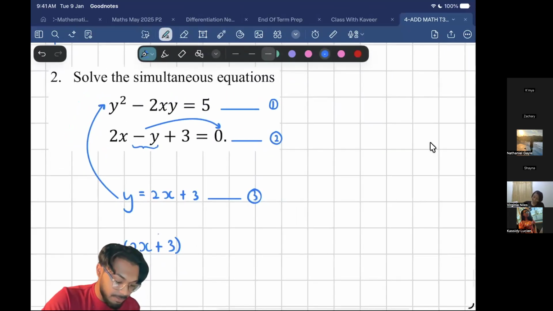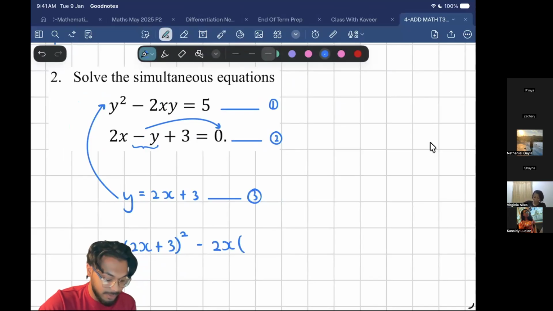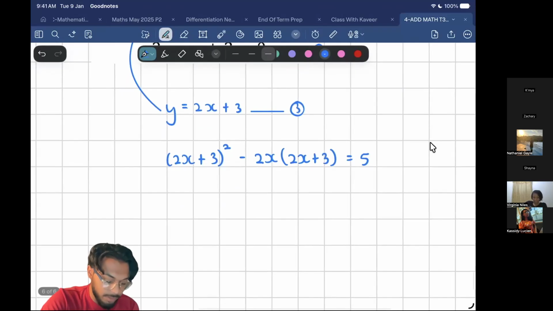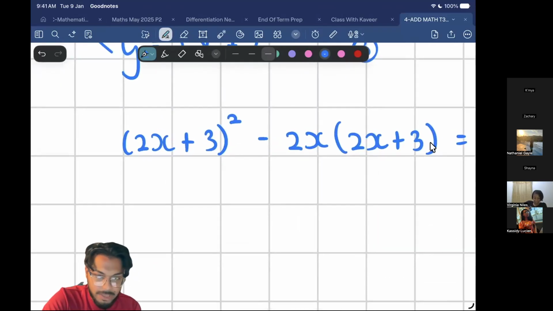Right, so that'll be 2x plus 3 squared minus 2x by what? 2x plus 3. So Nathaniel, we have 2x plus 3 squared. When I expand that, what would I get?